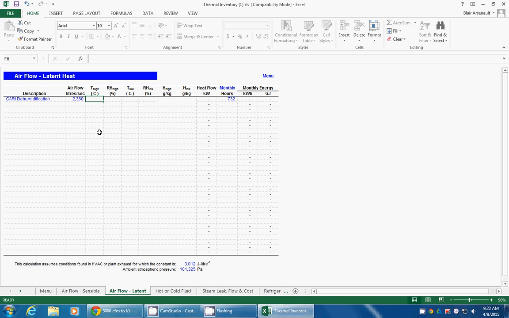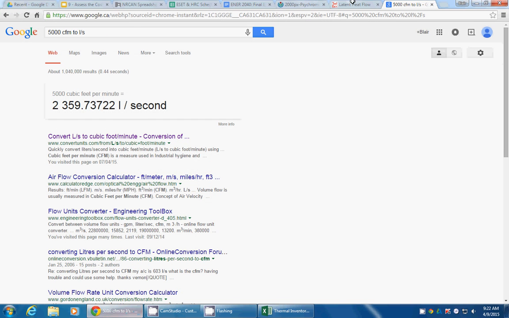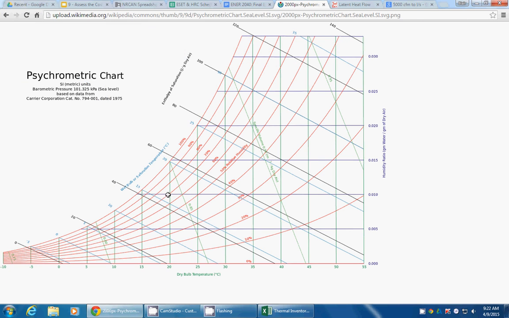So I would like to do one that coincides with going from here to here on the latent phase, and then plus the 20 to 80% relative humidity on the sensible phase. And I'd also like to do this one just in the latent phase to see if they line up or if they don't.